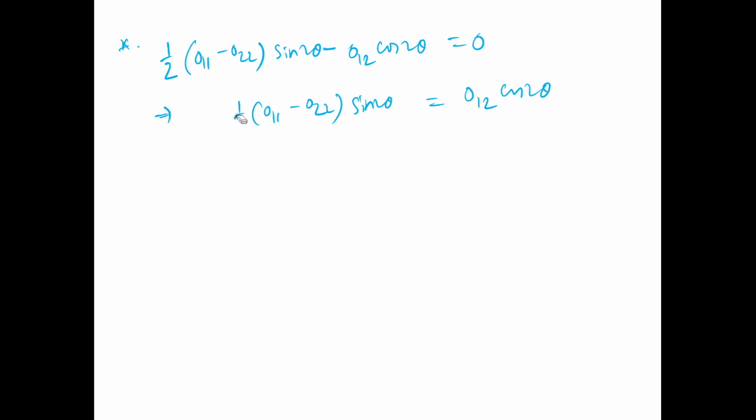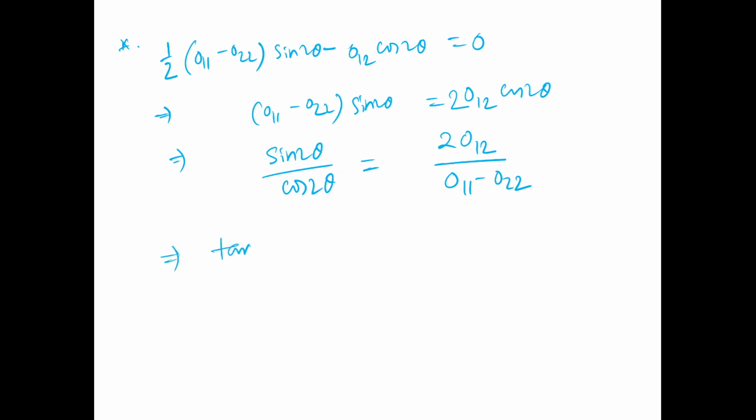Now we can take this half over there, so it will be 2. Now we can take this sin 2 theta by cos 2 theta here, and you can take this parenthesis term O11 minus O22 over here. So now we have tan 2 theta is equal to 2 O12 over O11 minus O22.